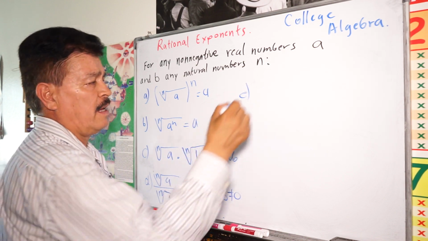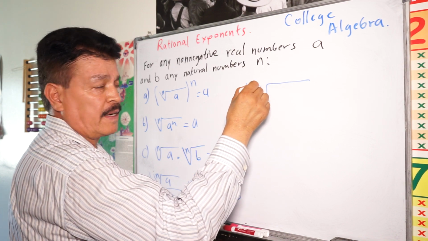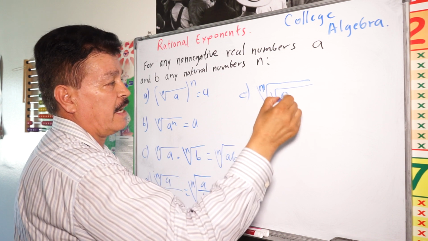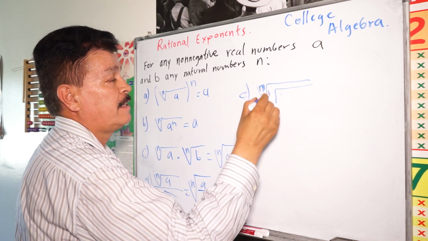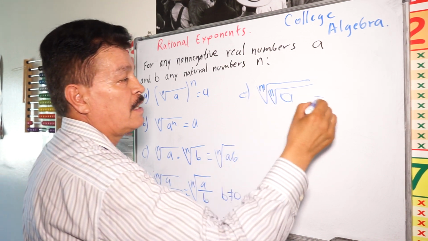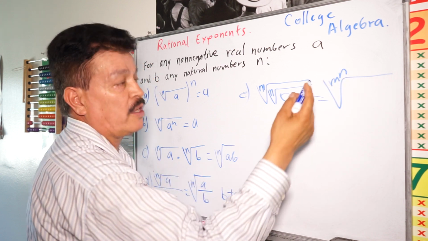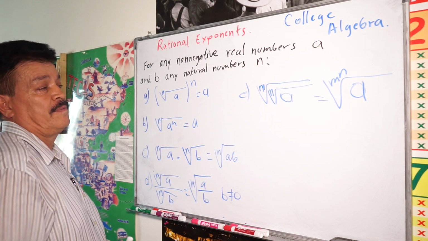The last rule, great to remember, is the radical m of the radical n of a, which equals the radical mn of a.